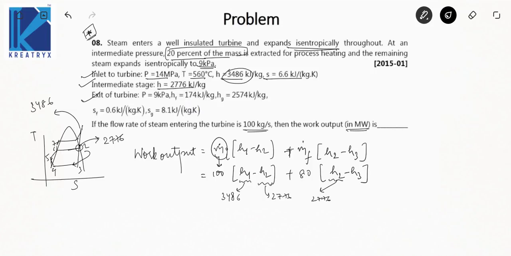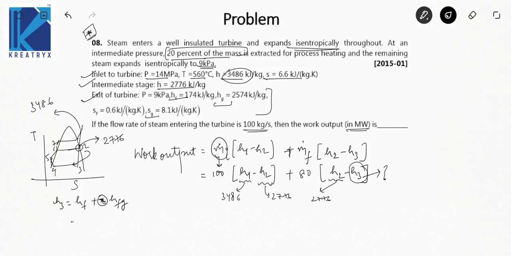It is hf has been given, hg has been given, sf sg have been given, but h3 has not been given. So this you have to find out by using these properties. Okay, now h3 is equal to hf plus x hfg. Yes, what is x? X is the dryness fraction.